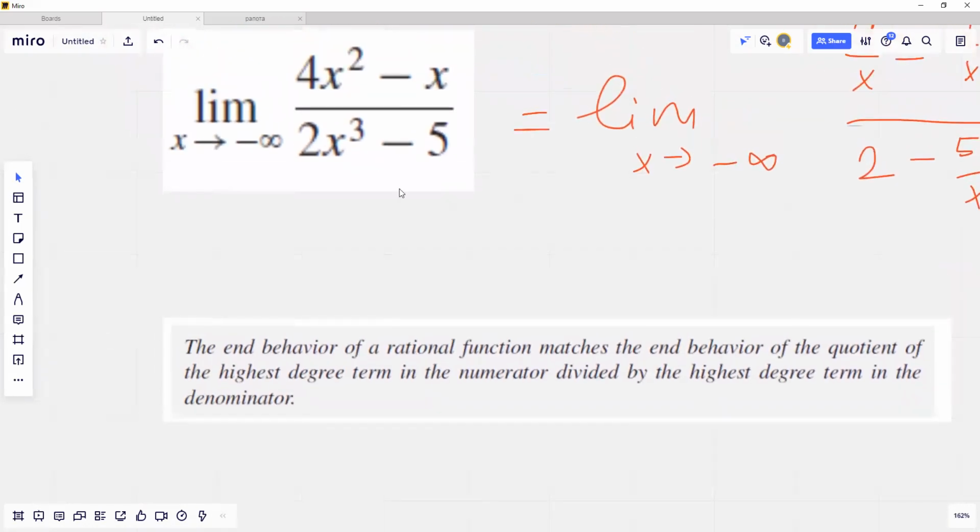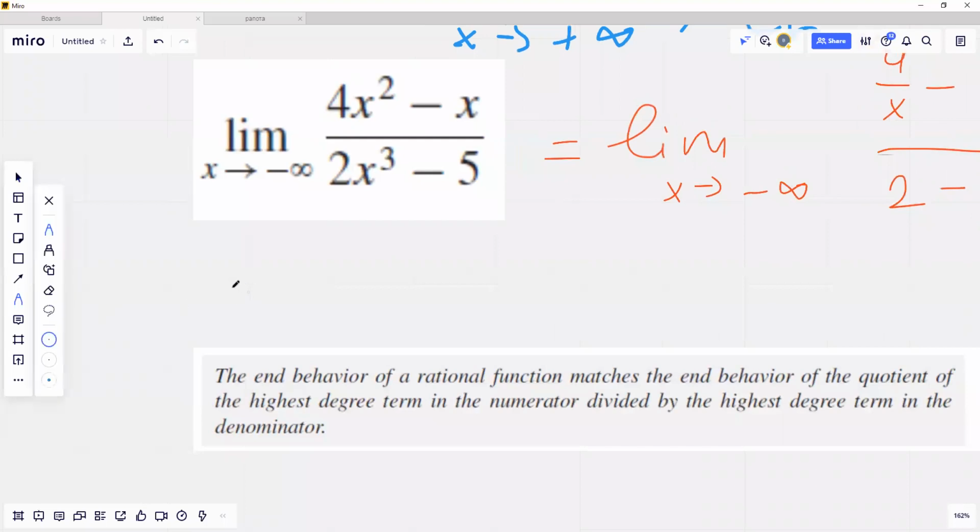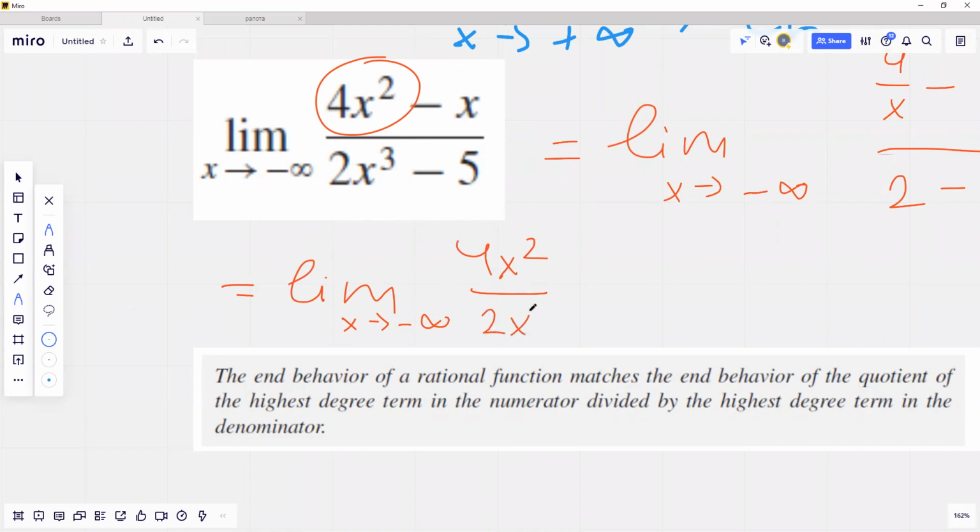So here we have a ratio of two polynomials. We can express that as the limit as x goes to minus infinity, ignoring all other terms and looking at the highest degree term in the numerator, which is 4x squared, and ignoring all other terms in the denominator except for the highest degree term, which is 2x cubed. So we have 2 over x, and as x goes to minus infinity that is simply 0.